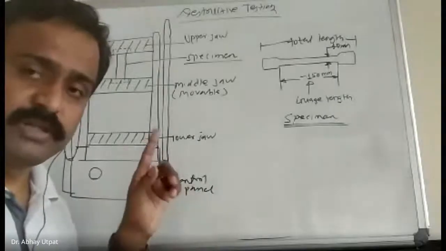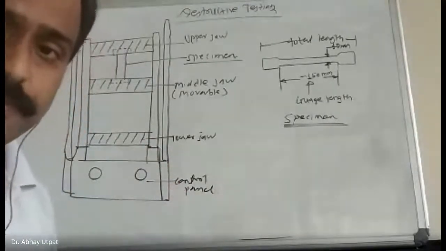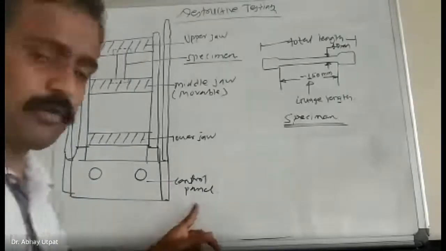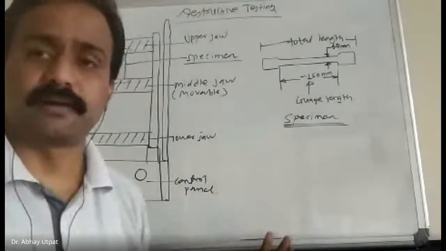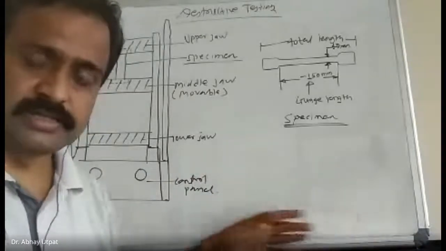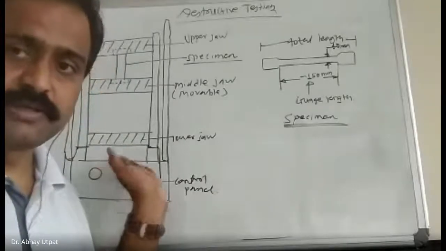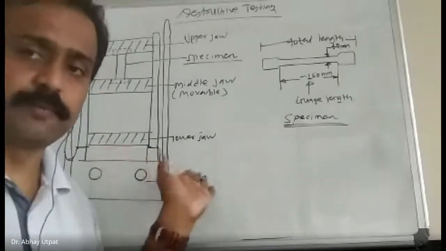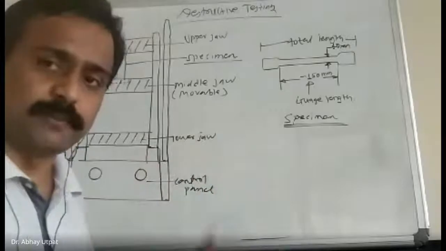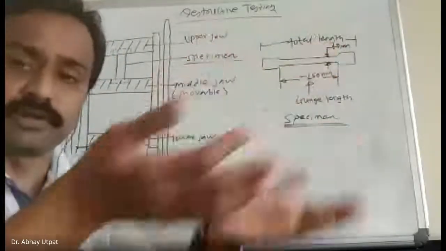So when we start applying the load, how is load applied? Load is applied through control panel by power pack, hydraulically operated. So oil is there, oil is connected to the base of this machine and below a hydraulic force is there. As soon as you switch on the pump, you have seen how vehicles are lifted with hydraulic force.